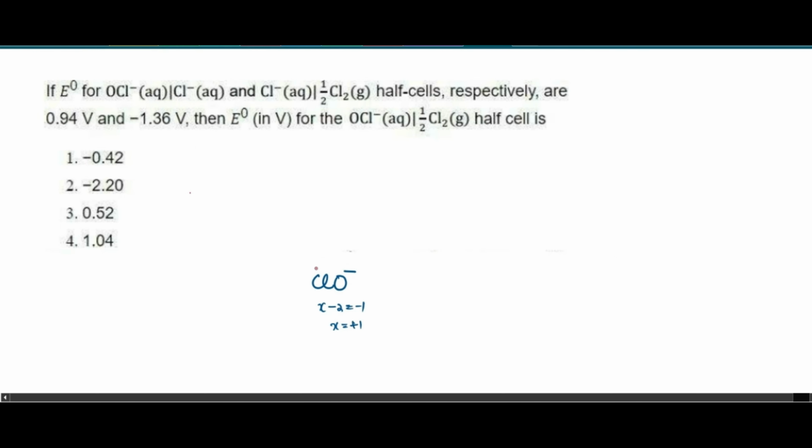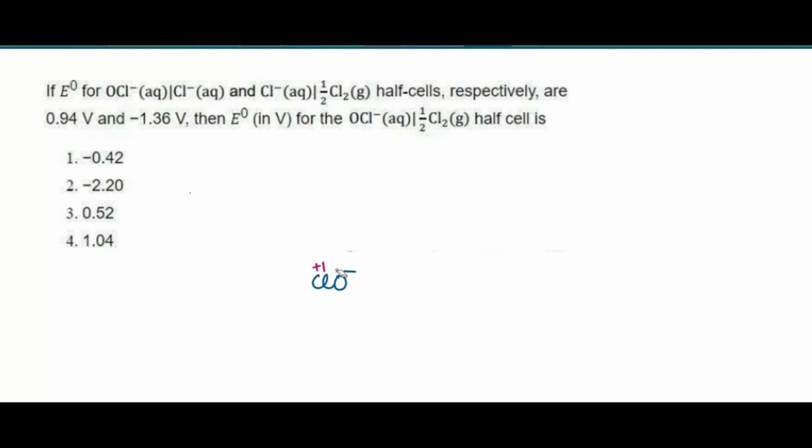Okay. Now, chlorine is plus 1 oxidation state in ClO minus. Okay. Here Cl minus, what is oxidation state of half Cl2? Oxidation state of half Cl2 is 0.